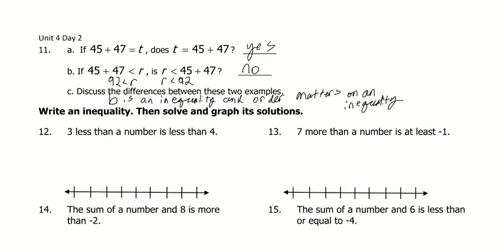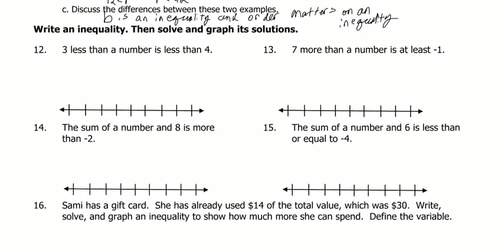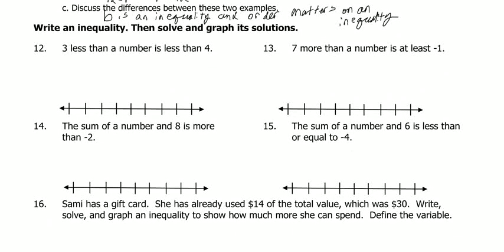But anyway, on number 12, we've got 3 less than a number is less than 4. So we're using less than in two different contexts. If you notice, one of them is preceded by a number.